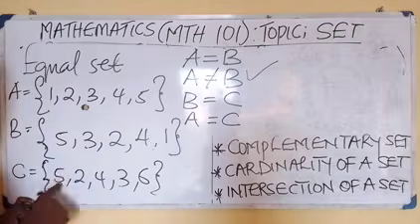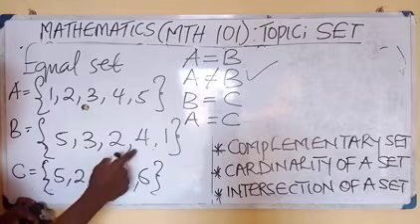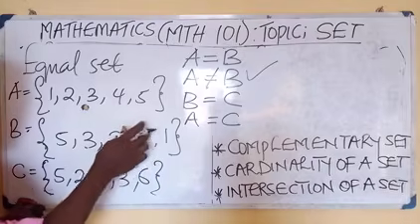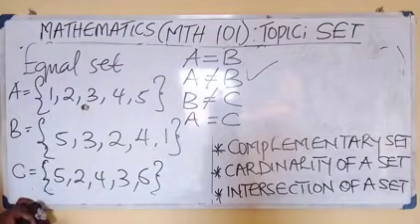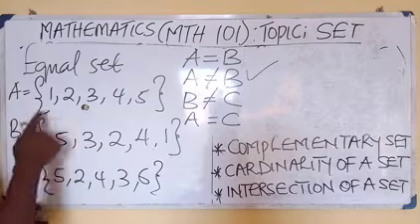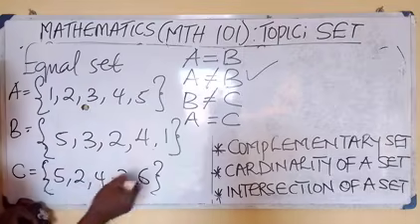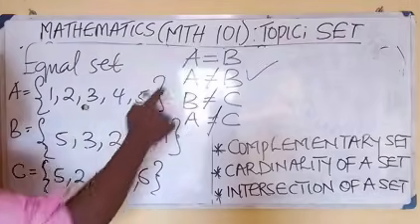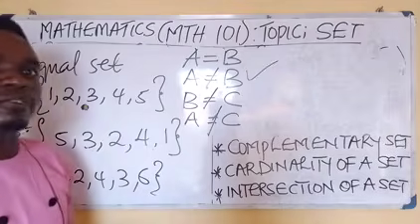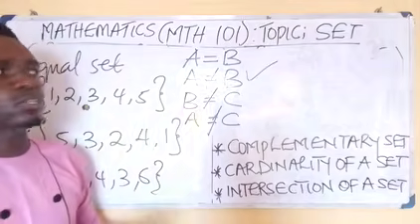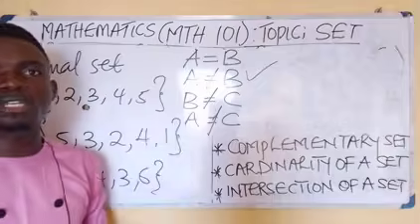B, I have 5, I have 5. 2, 2, 3, 3, 4, 4. So this set is not equal to this set, so I'll strike it. So A is not equal to C, but A is equal to B. When two sets have the same elements, you say the two sets are called equal sets.